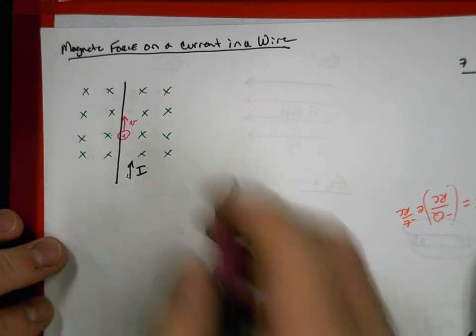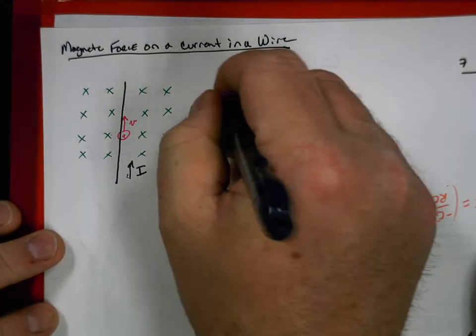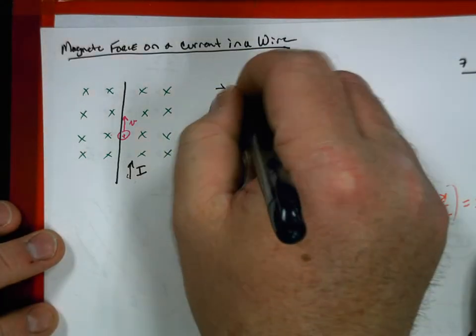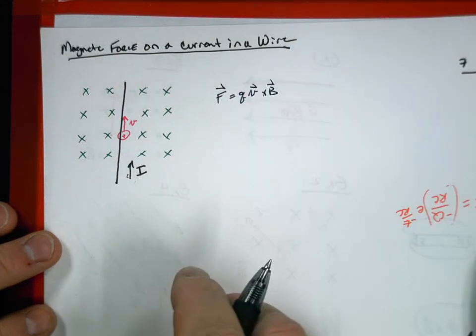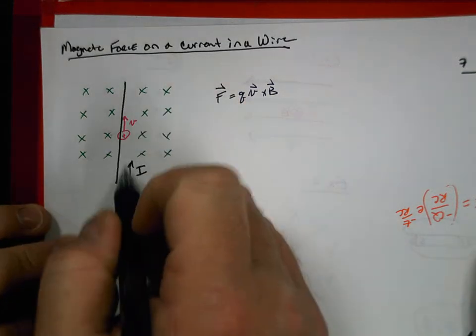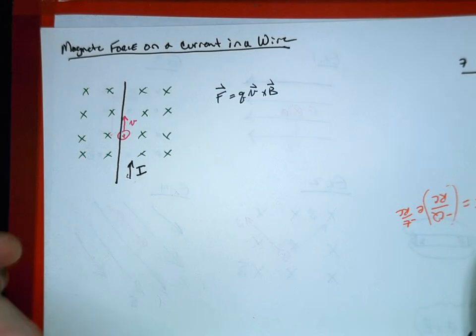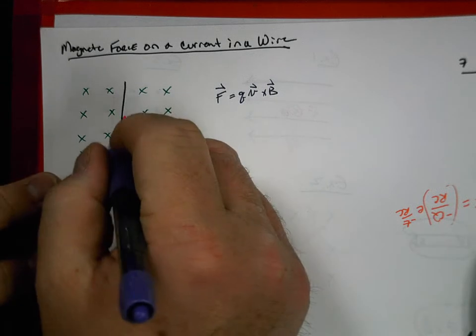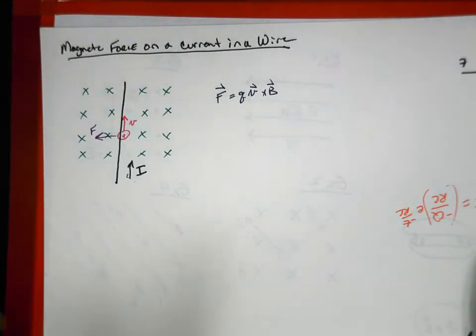So what we're really dealing with here, if we're just going to consider one particle, is a force equaling Q V cross B. Here's our current, here's our field. If we're moving that direction, it goes into the page, then that's our force.